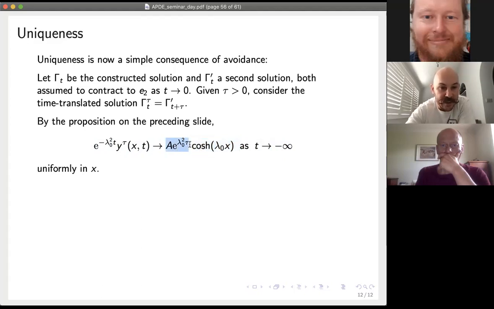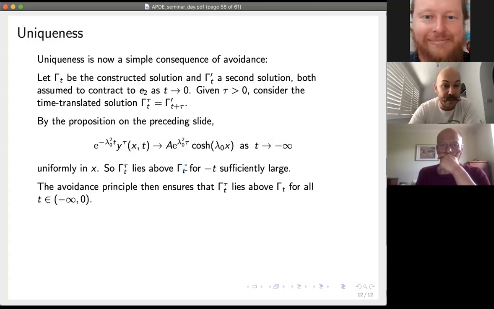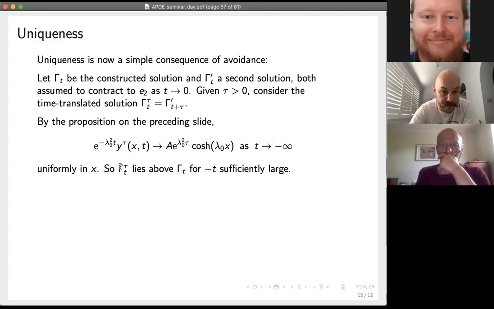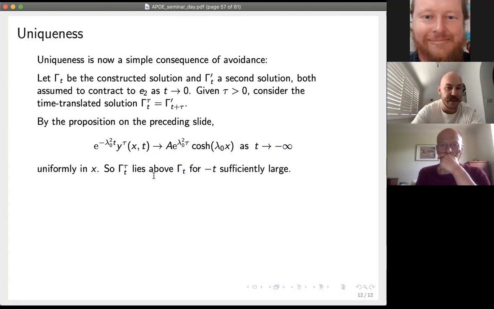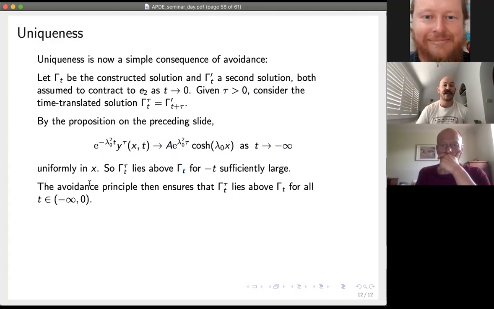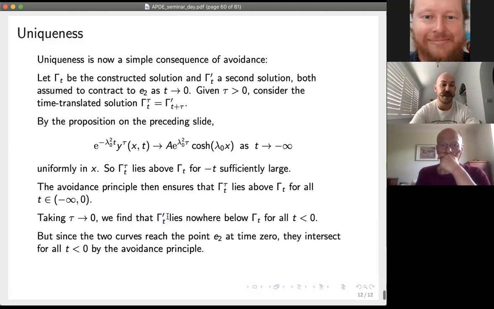Since this is slightly larger than A, this time translated curve lies slightly above your fixed solution at sufficiently negative times. The avoidance principle then ensures that it lies above for all t. You then take tau to 0, and you find that the second solution lies nowhere below your fixed solution for all t, but they both intersect at time 0. So the strong maximum principle implies that they have to coincide.